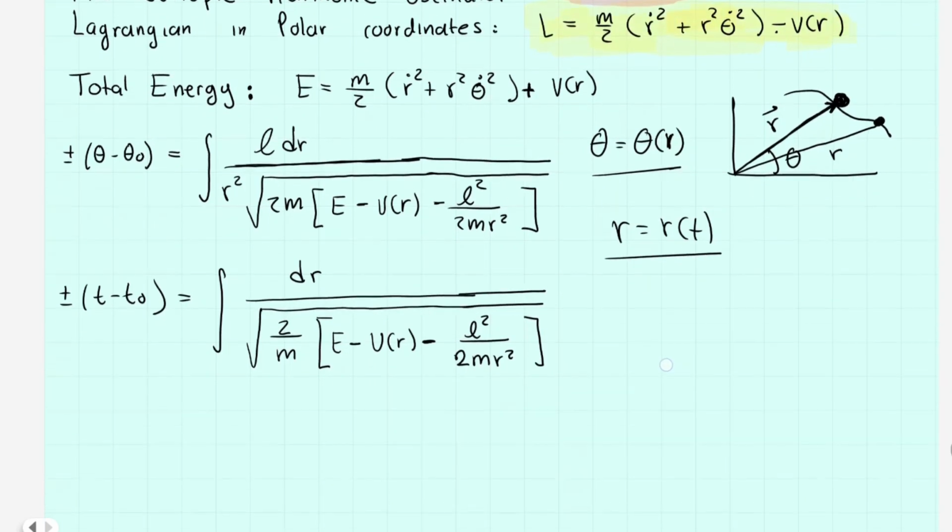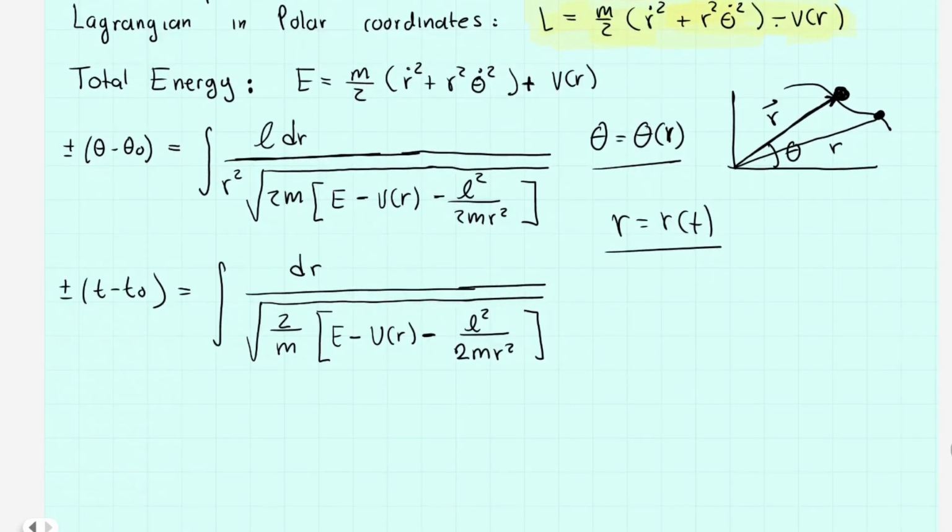So what happens if we take the Lagrange equations for this Lagrangian over here? First of all, we see that the derivative of the Lagrangian with respect to theta will be 0, because this Lagrangian does not depend on theta.